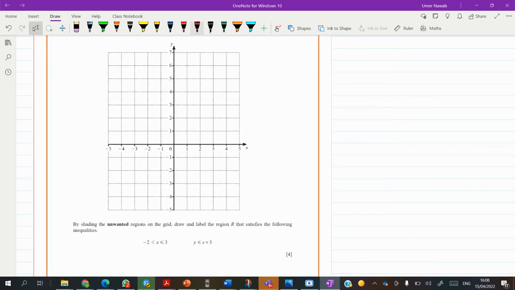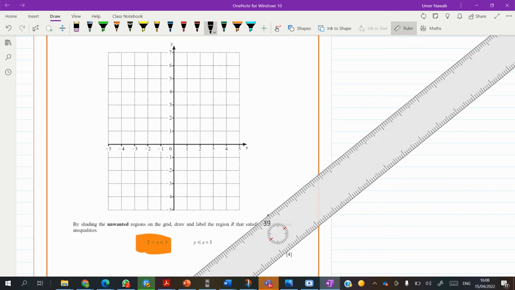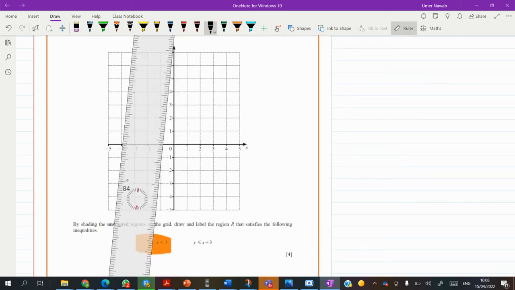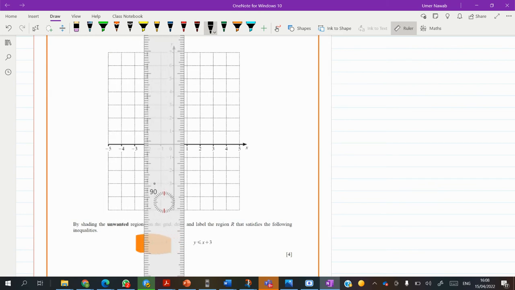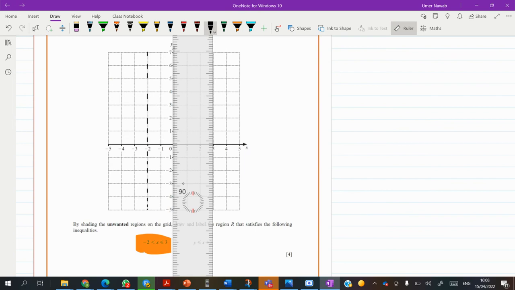Next, you have to shade the portions between 2 and 3. So draw x is equal to minus 2. Oh, it's a dotted line. It's a dotted line. And x equals 3, it's a solid line.